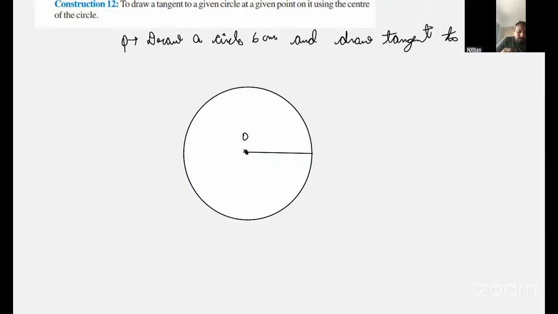So draw a circle of 6 centimeters. Done.